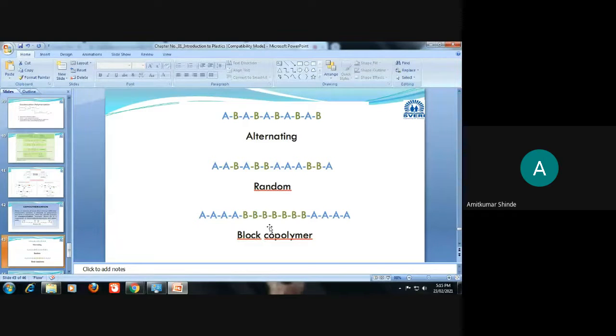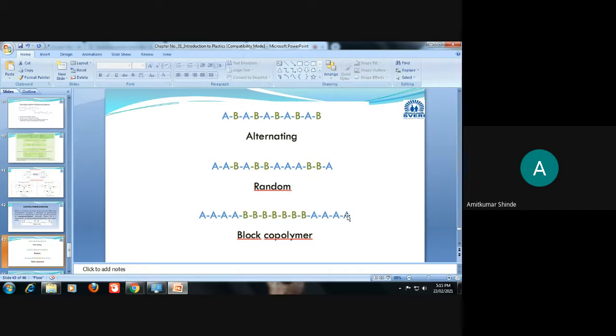Now, in block copolymerization, the particular monomers will form their respective blocks. A monomers will form their block, then B monomers will form their block, then again A monomers will form a block, and those blocks will get joined. This is the A block, this is the B block, again it will get joined to an A block, then further to a B block.